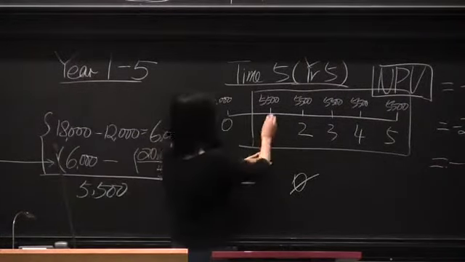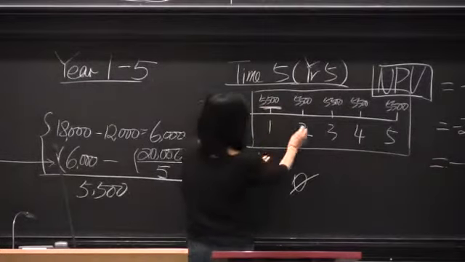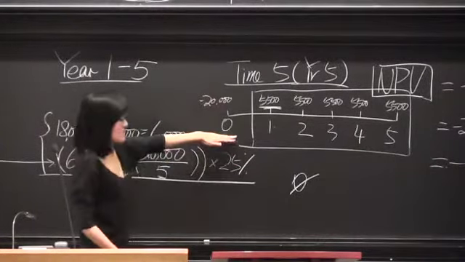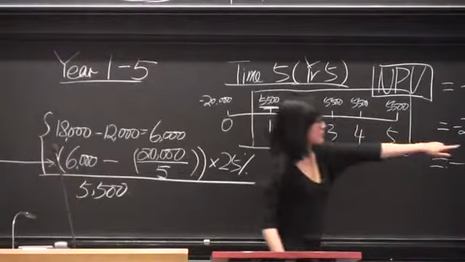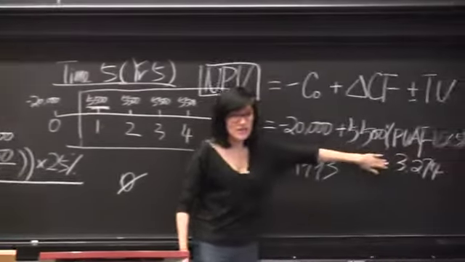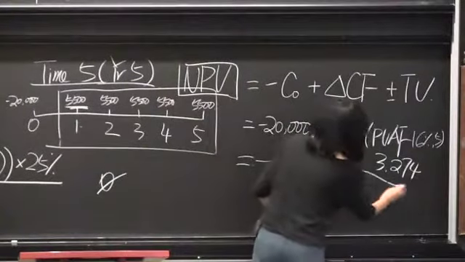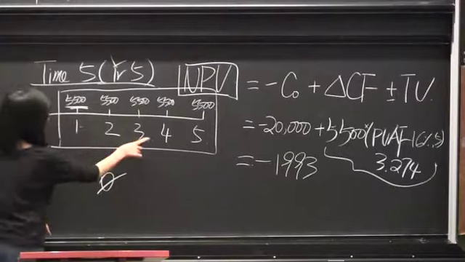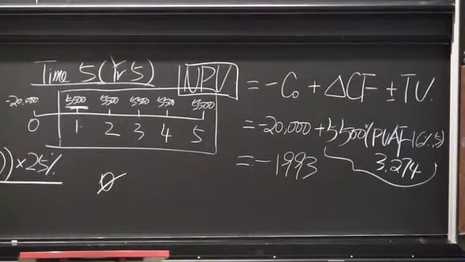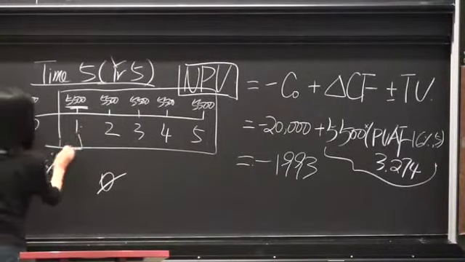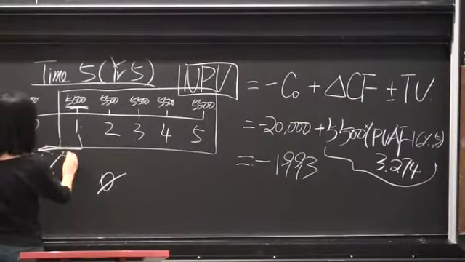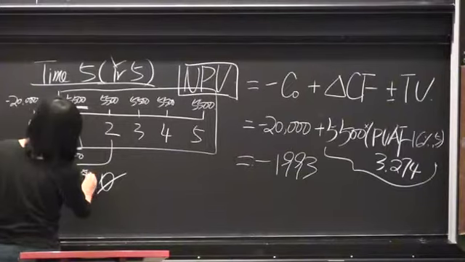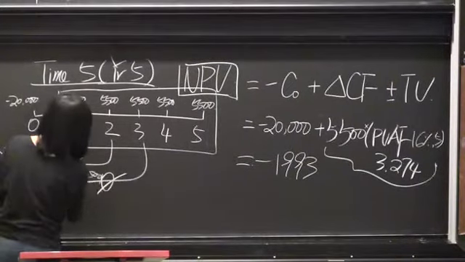So to find how much 5,500 for every single year for the next 5 years would be at today's value, you find the present value annuity factor. You multiply it out. So when you convert it back, this might be something around 5,000, this might be something around 4,500, let's say this is something around 4,000.